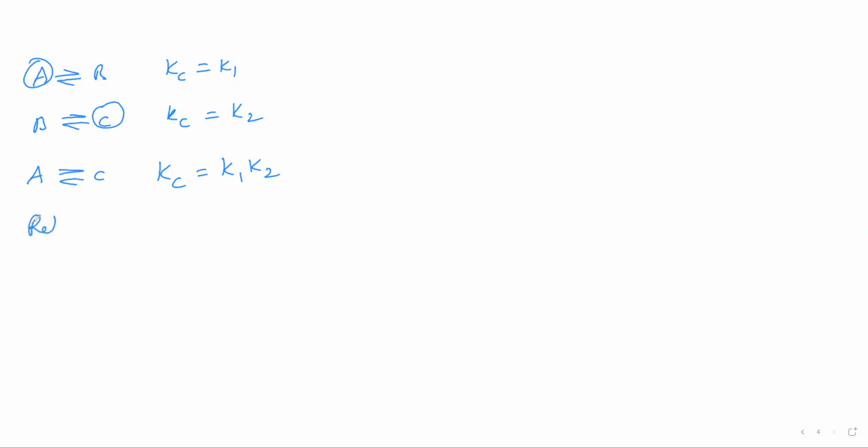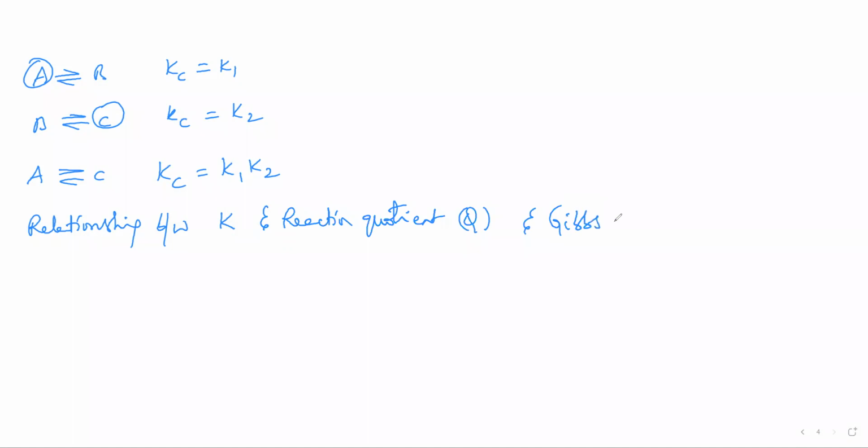Next, the relationship between the equilibrium constant K, the reaction quotient Q, and Gibbs energy. What is Gibbs energy? G. Then what is that?